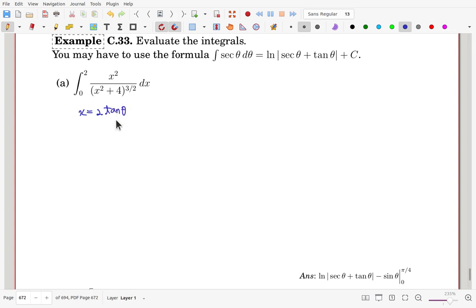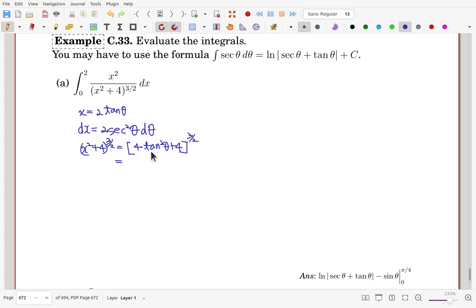Okay, now a is 2, so x is 2 tangent theta. Right? Then, from this one, we have dx, the same as 2 sec squared theta d theta. And for this bottom, x squared plus 4 to the power 3 over 2 is the same as, now for this one, 4 tangent squared theta plus 4 and power 3 over 2.